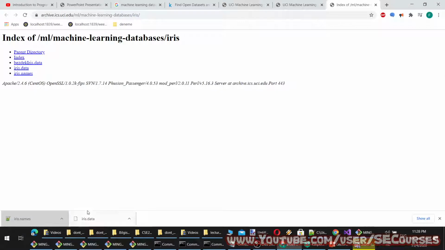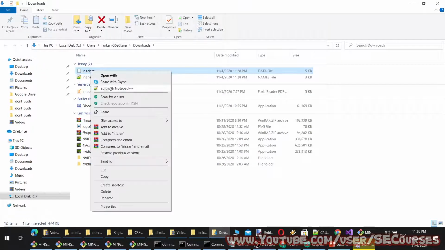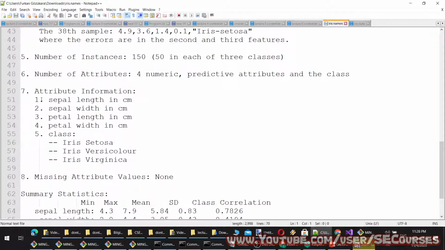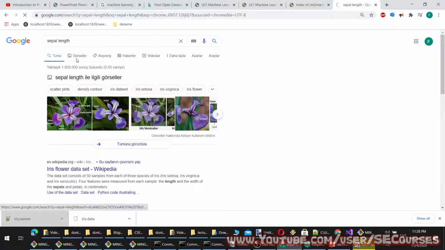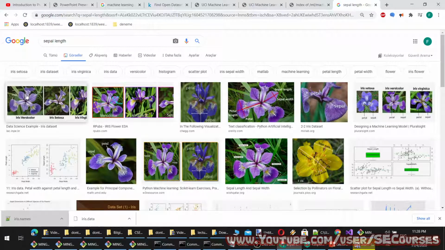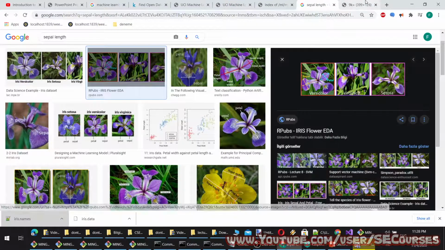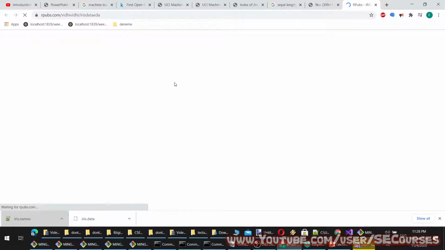Okay, this is the description. It says the first attribute is sepal length in centimeters. If you wonder what that is, let me show you with an image. Let's open the original image.